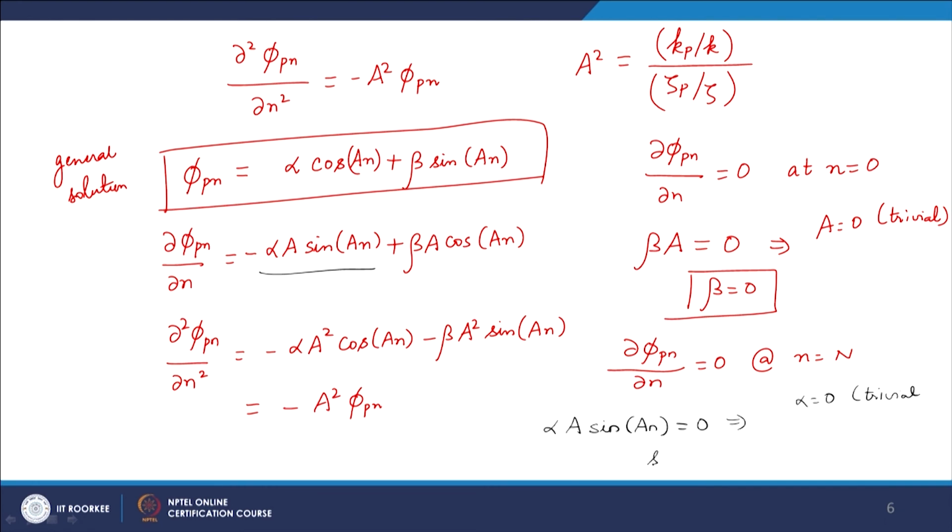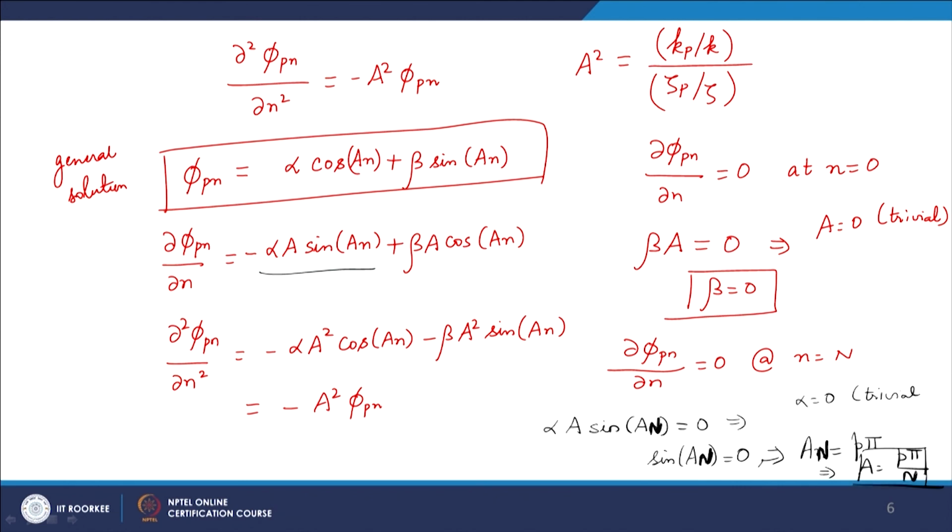So, we set sin(aN) equal to 0, which gives me aN is equal to some p pi, sorry, this is capital N here, aN is equal to some p pi, and which gives me a is equal to p pi by N, where p is again an integer going from 0, 1, 2 and so on.